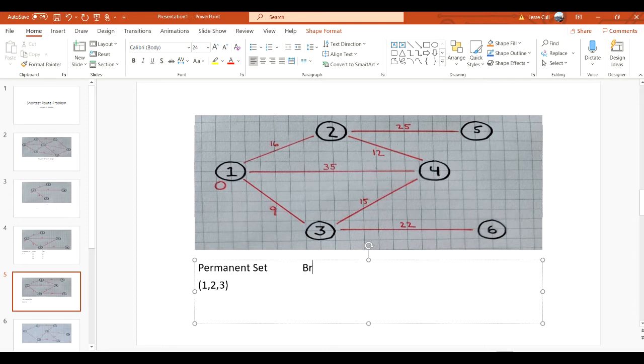We go over here and we list our branches, the branches that haven't been covered. So in this situation, we have not covered 1, 4. We have not covered 2, 4. We have not covered 2, 5.